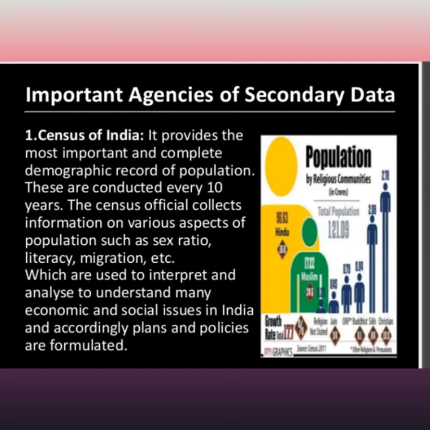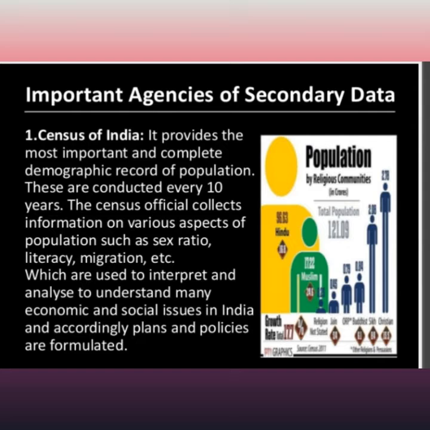Next, we will discuss the important agencies of secondary data. The first one is the Census of India. It provides the most important and complete demographic record of the population. These are conducted every 10 years.